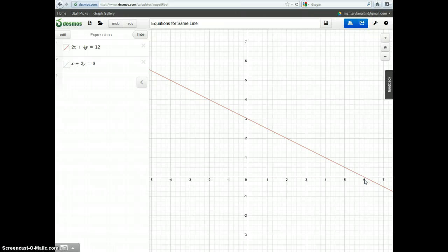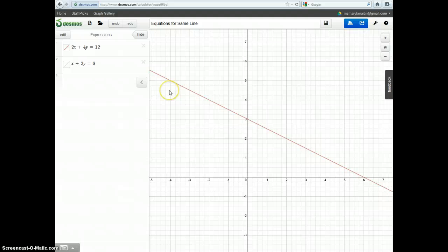I could go on for a very long time naming points that are on both lines. In fact, there are infinitely many points that fall on both lines since the line continues forever in two directions. Therefore, anytime we have two equations which produce the same line, we know they have infinitely many solutions.